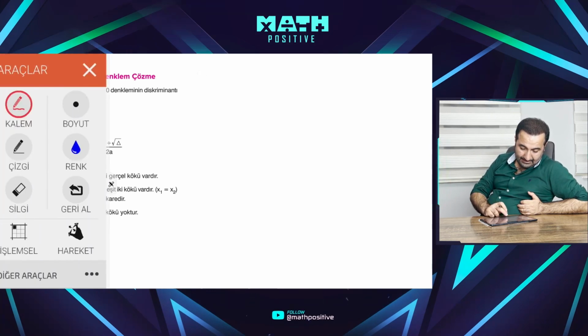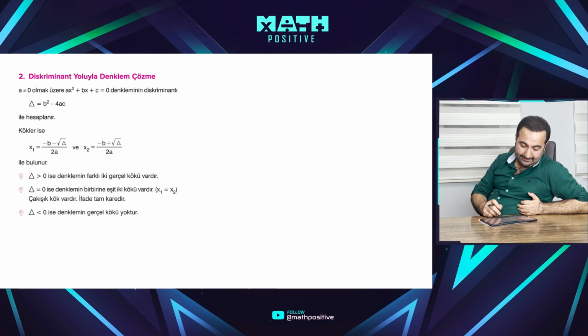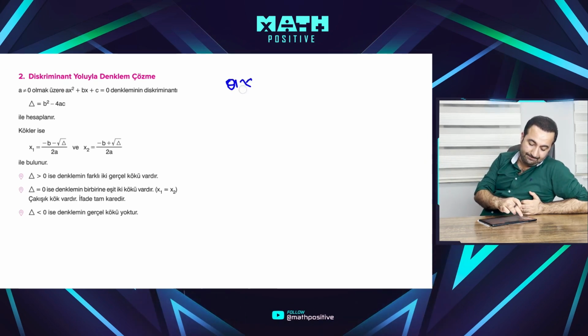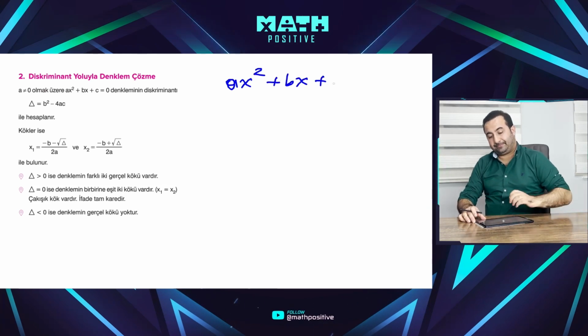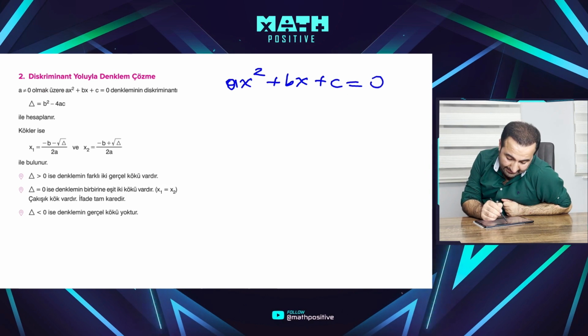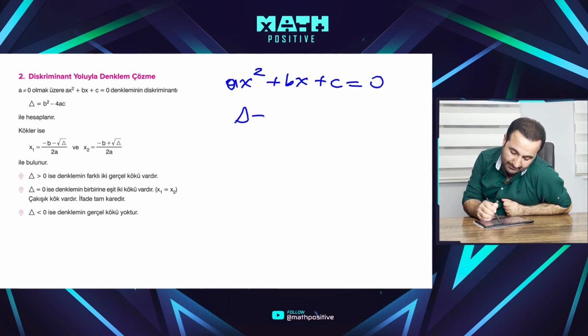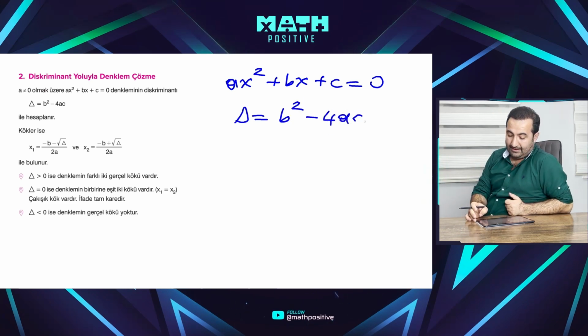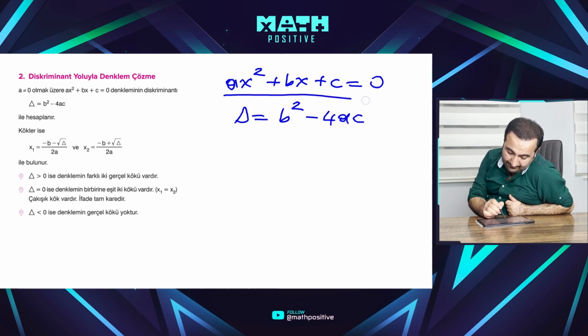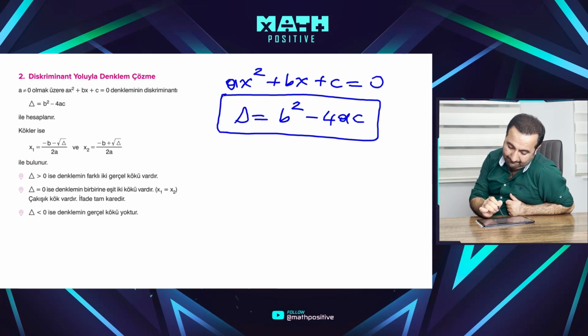This discriminant method, maybe we should talk about this method. For a quadratic equation a times x squared plus bx plus c equals 0, the discriminant equals b squared minus 4 times a times c.